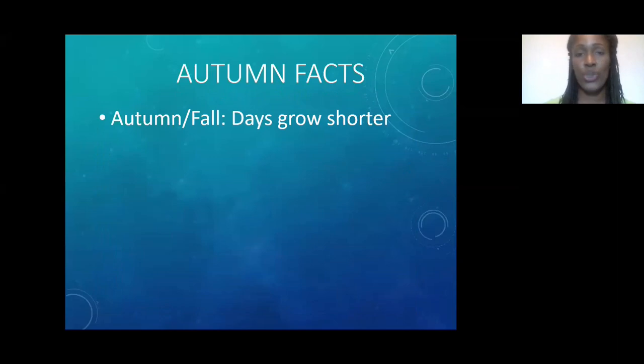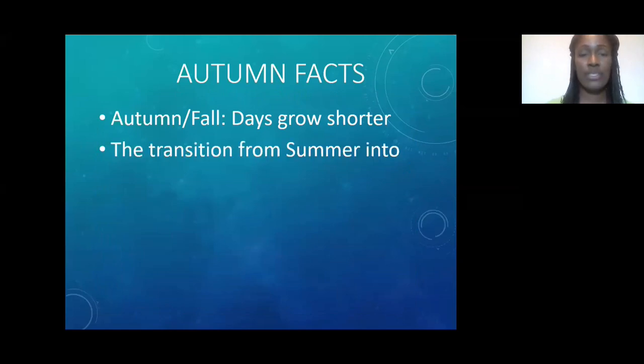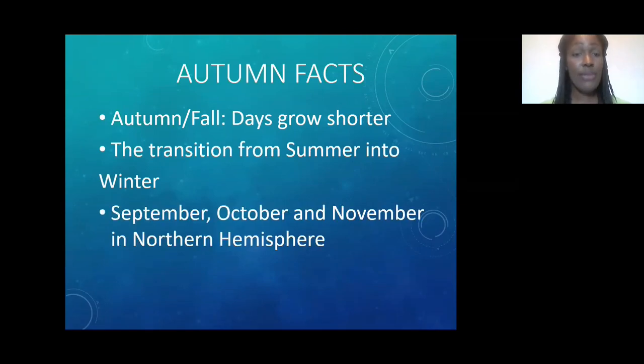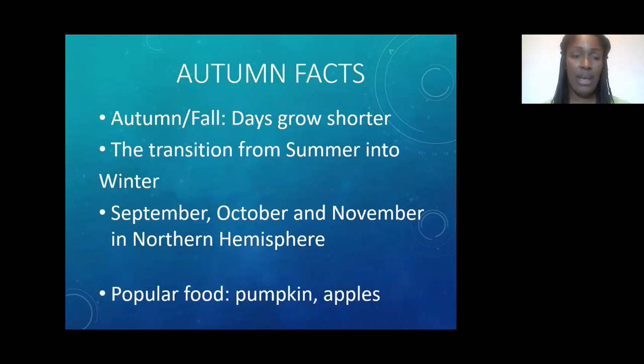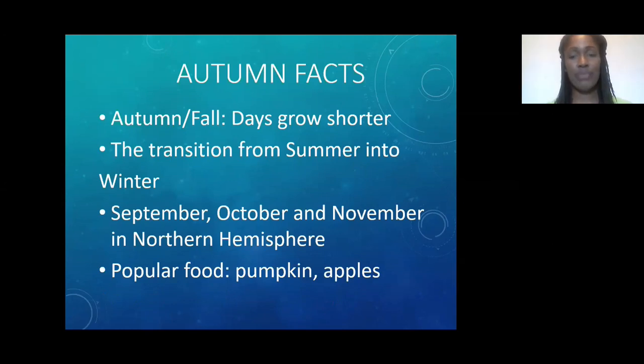Days grow shorter. The transition from summer into winter. So the breeze is a little cooler. Remember summer is hot. Now it's going to get a little cooler. The 3 months are September, October, and November in the Northern Hemisphere. Now we have popular foods such as pumpkin pie.